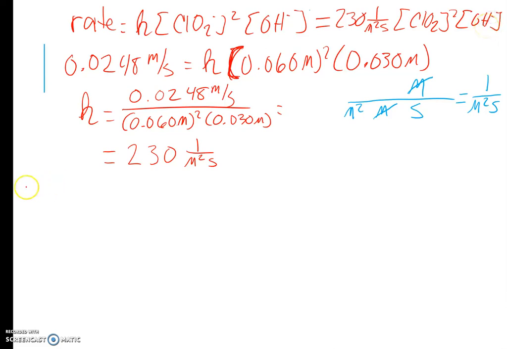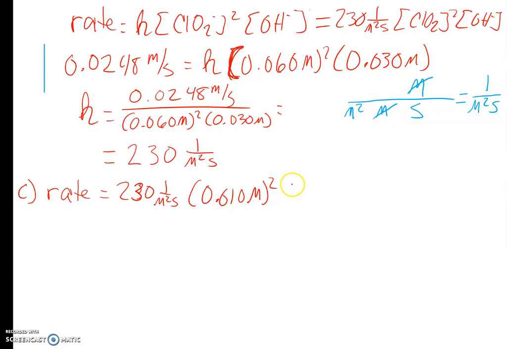Part C on the question is just asking for a plug and chug. So we know our k value, we know our equation. So we have 230 times 0.010 squared, because that's the concentration of ClO2, or chlorine dioxide, and 0.025 molarity.